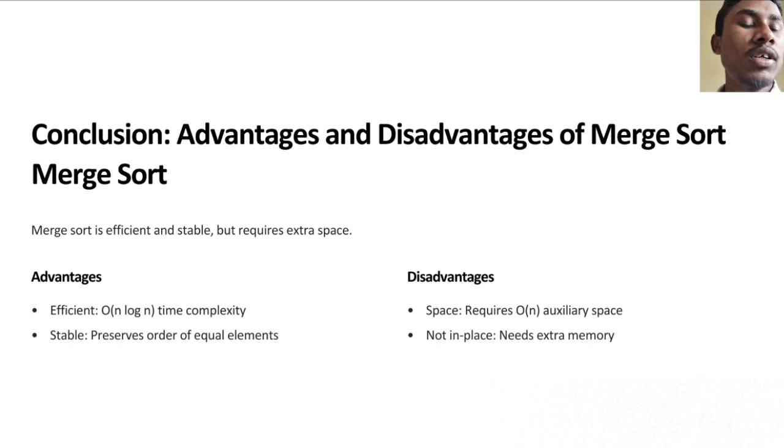That's why it is one of the disadvantages of merge sort. It is not in place and needs extra memory. As space is increased, the memory size is also increased in merge sort, so merge sort also requires extra memory.